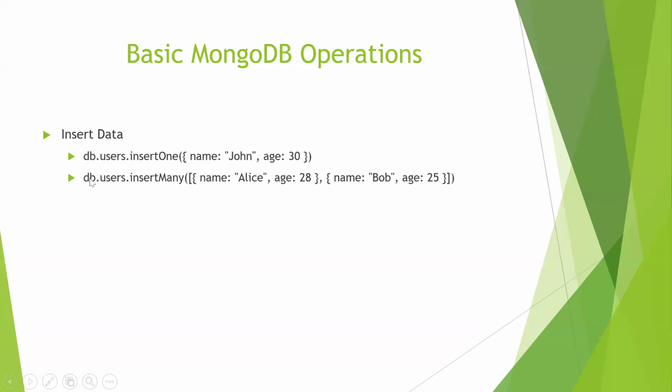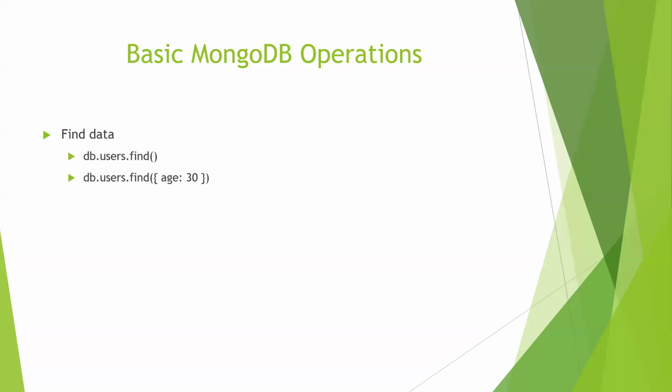So what is the query? That is db dot collection name, that is users dot insertMany. Here we were using one, here many. So I have added these two records under the users collection. Okay. So this is the format for storing or inserting the data in the database or the collection which you have.